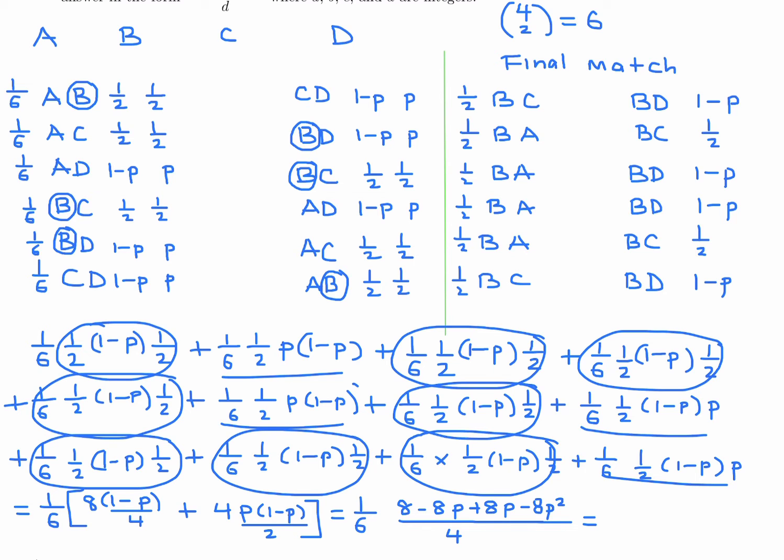Okay. The 8p's cancel, so all I'm left with is 1/6 times, looks like 4 minus 4p squared. So 4, if I divide through by 4, it'll just be 2. So it'll be 2 minus 2p squared over 6. And then that's just 1 minus p squared over 3. 1 minus p squared over 3 is the answer.